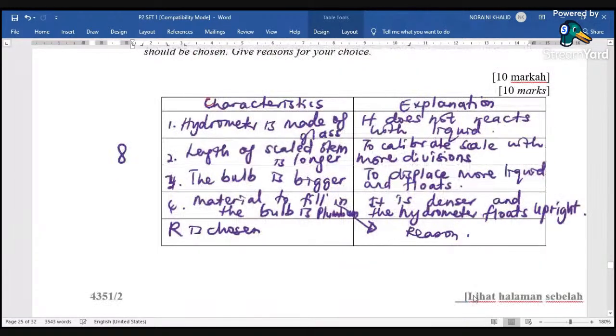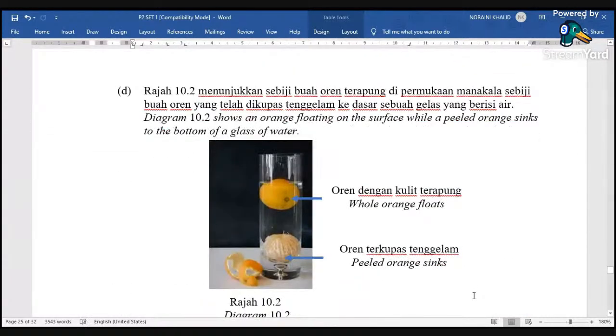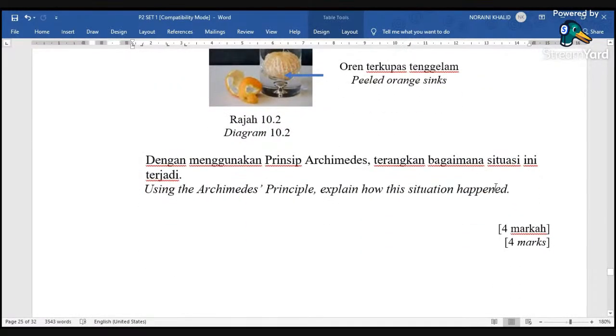Okay, part D, diagram 10.2 shows orange floating on the surface while pale orange sinks to the bottom of glass. Using Archimedes' principle, explain how this situation happened.